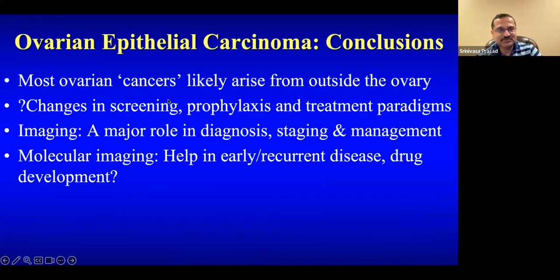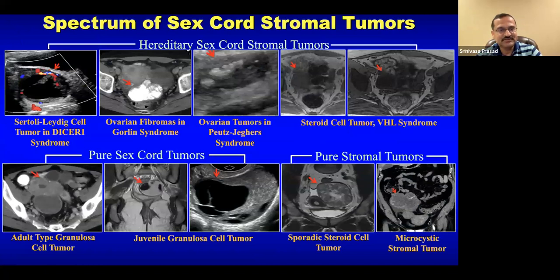So just to summarize about the epithelial cancers, most ovarian cancers arise outside of the ovary, and it's an imported disease of the ovary. And as already alluded to, different subtypes will have different biological behavior and different responses to chemotherapy.